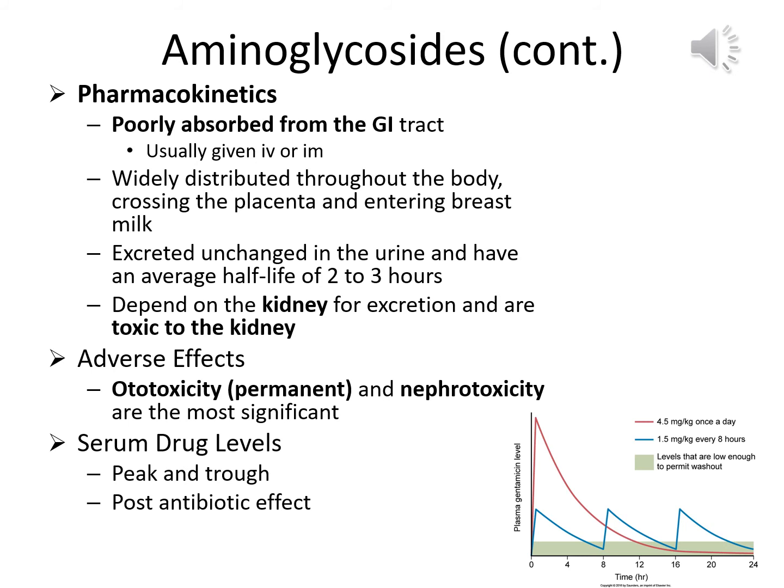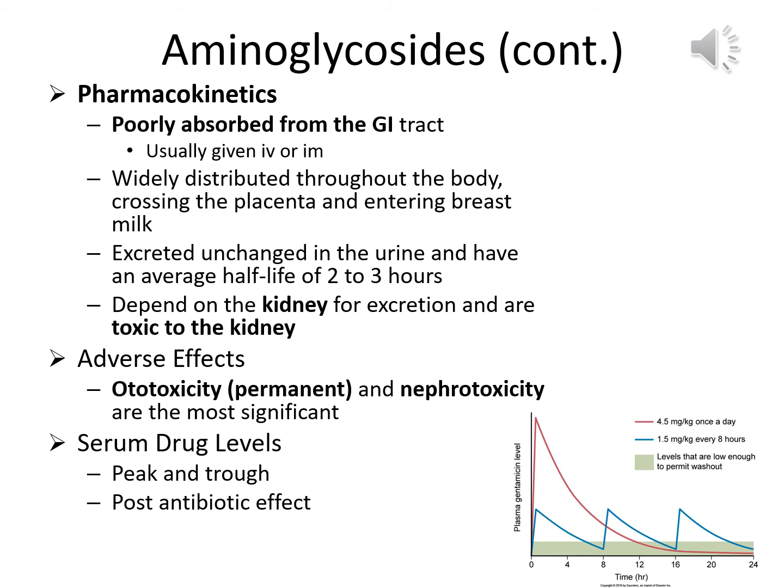We actually draw blood in these patients and look at trough levels and peak levels, and that's a way we can try to prevent this. Particularly with the trough levels, we want to make sure we're getting down below that green line. If we're not getting down that far, then we're going to have to dose that person less, so decrease the dose.